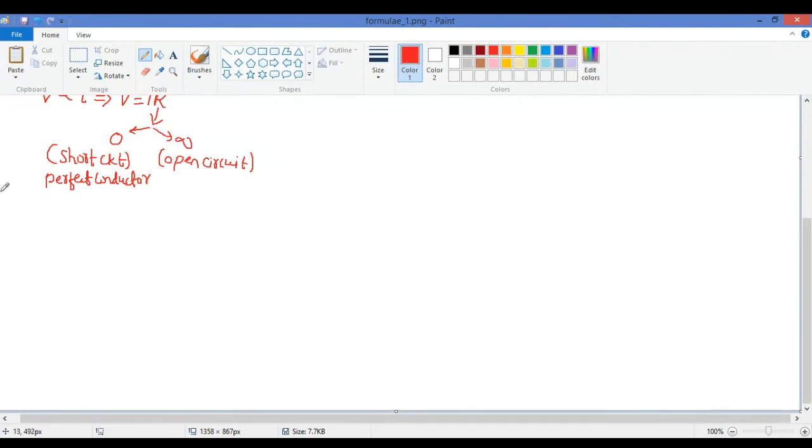I write here, if the resistors are connected in series. You might have seen that if the resistors are connected in series, let me draw one diagram.